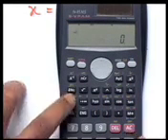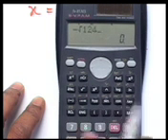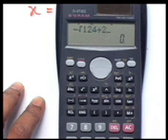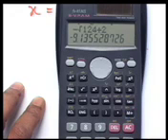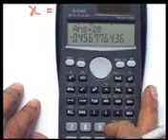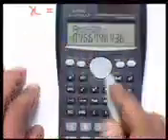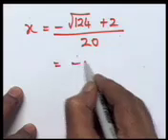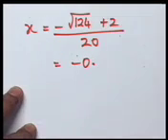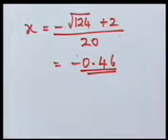Minus square root of 124. Then it's a plus 2. And equals, we got the answer. We divide by 20, please. Which will be minus 0.46 to 2 dp. So the value there is minus 0.46, okay? So those are the two values, right?